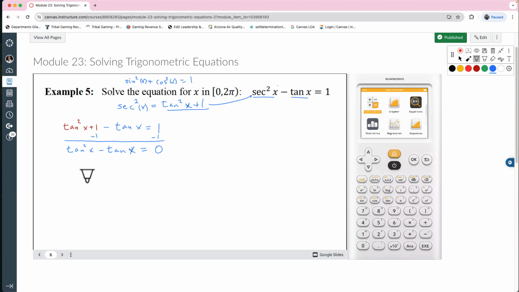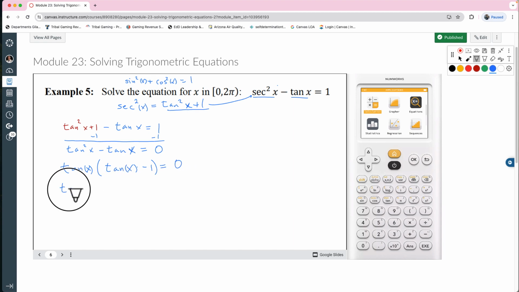And then this is why we don't actually have to go to the cosine and sine, is we can factor out a tangent, because there's tangent squared minus tangent. Factor out a tangent, leaving behind tangent x minus 1. That equals 0. And again, we use our product rule of 0.